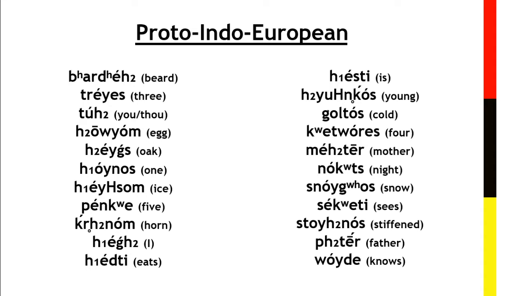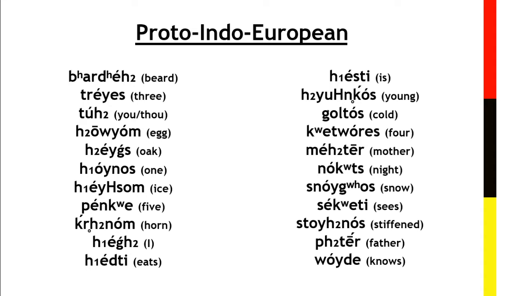A ring below a sonorant shows not voicelessness as in the International Phonetic Alphabet, but syllabicity. For the purposes of this video, I will pronounce the palatal velars as palatalized consonants, and labio and plain velars as plain. The first laryngeal will be a glottal stop, the second a pharyngeal fricative, and the third a labialized pharyngeal fricative.